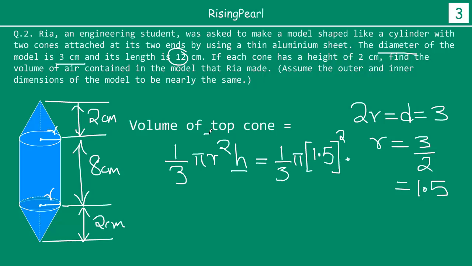Remember, we are doing the top cone, so h is 2. So you will be able to find out this value, V1. Again, we want to keep it in terms of pi, and when we finally add all three volumes, we want to put pi as 22/7 or 3.14, right? If you simply calculate, you can find out the volume V1.